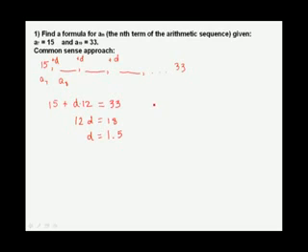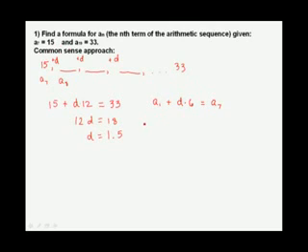If I start with 15 and add my common difference d 12 times, I should get to 33. With that simple equation, I can just solve by subtracting 15 on both sides. 12d equals 18. Divide both sides by 12. d is 1.5, and that is the same value for d we found just a moment ago.